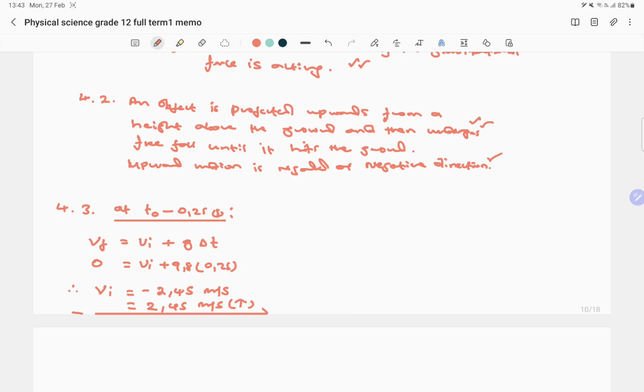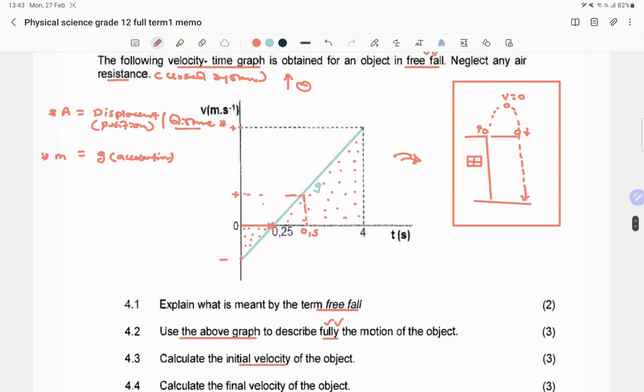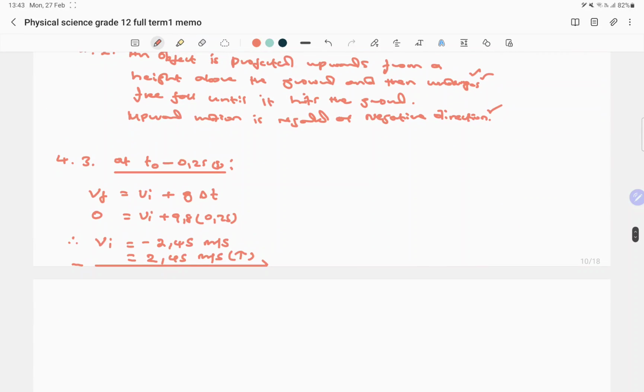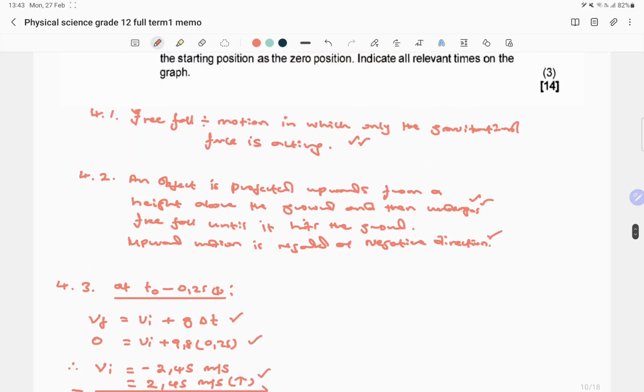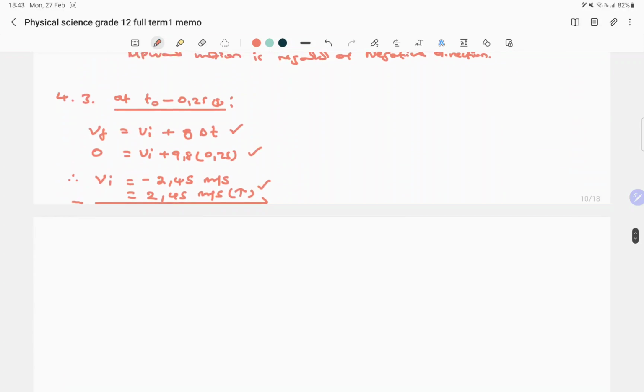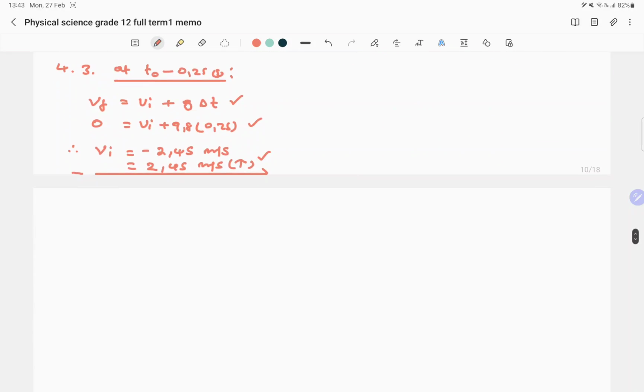So this is easy, guys. Always map your working area so that nobody is confused. So easy, 3 marks here, nothing big. So formula, substitution, and answer. But remember, you don't get a full mark for the answer if you did not include direction, because they didn't specify what this is, okay?